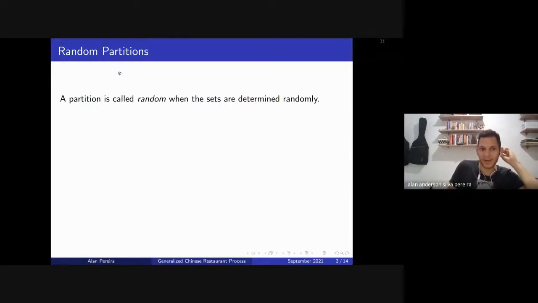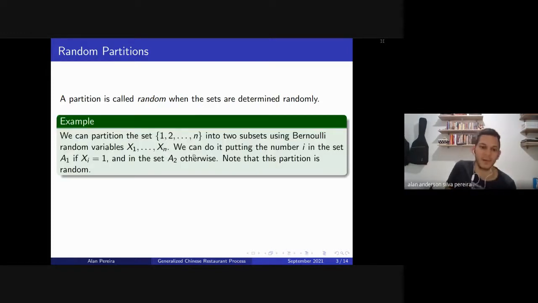And a random partition is a partition that is taken randomly. To familiarize with that, we can think about a partition defined by a family of Bernoulli random variables. We take Bernoulli random variables with index 1, 2, up to n, and we make the choice randomly if it is 1 or 0.